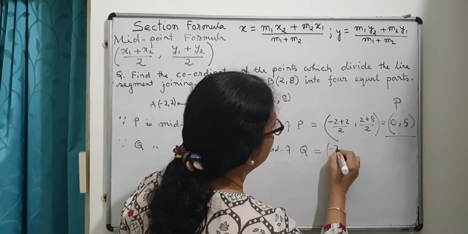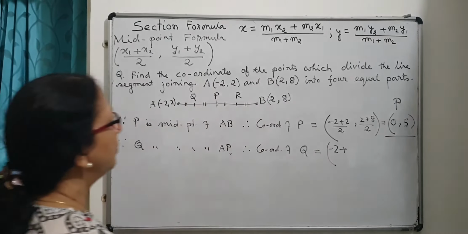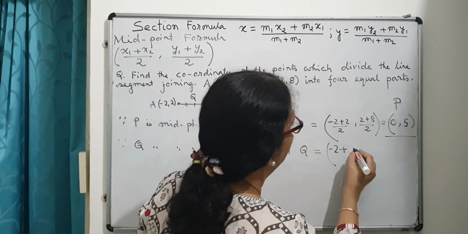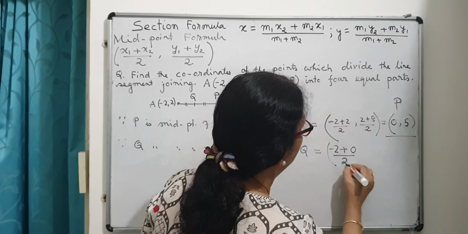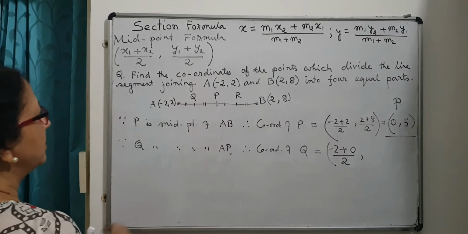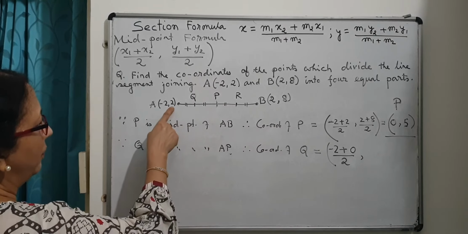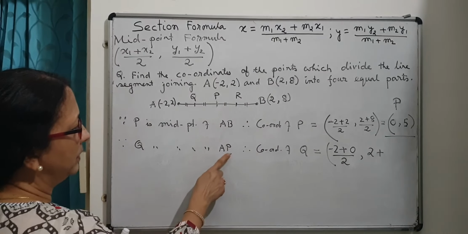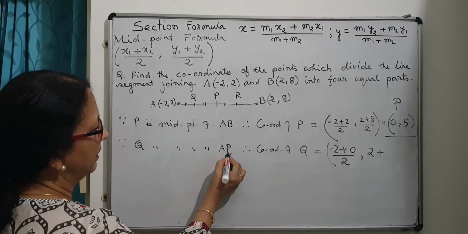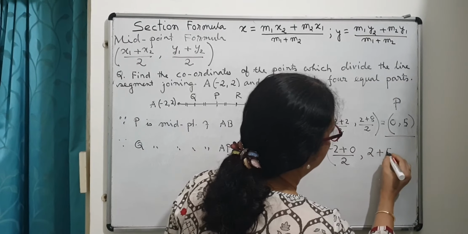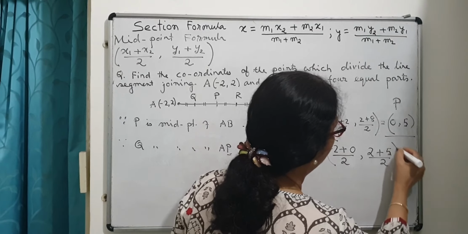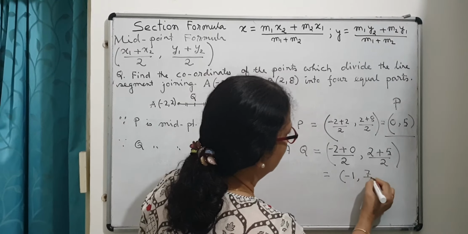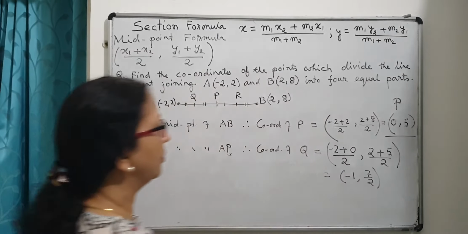What will be x2? x2 will be the abscissa of the point P, which is 0, so (-2 + 0)/2, comma, y1 plus y2 by 2. For A, y1 is 2, plus y2, which will be the ordinate of the point P, which is 5, by 2. So what is this? It is (-1, 7/2). So that is the second point also.